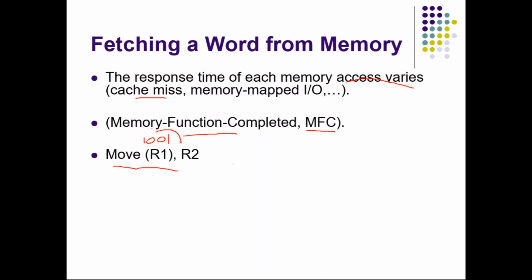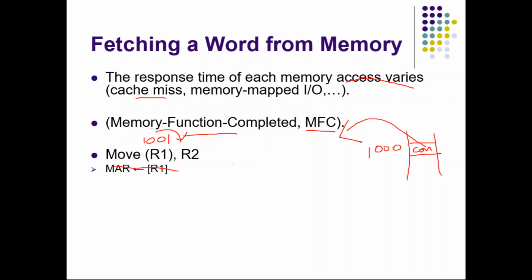It may be either an instruction or data, we are not bothered about that, but that content should be moved to R2. How it is going to be done is what we are going to discuss.